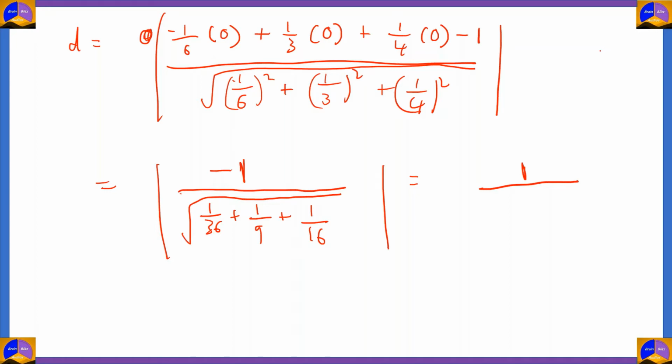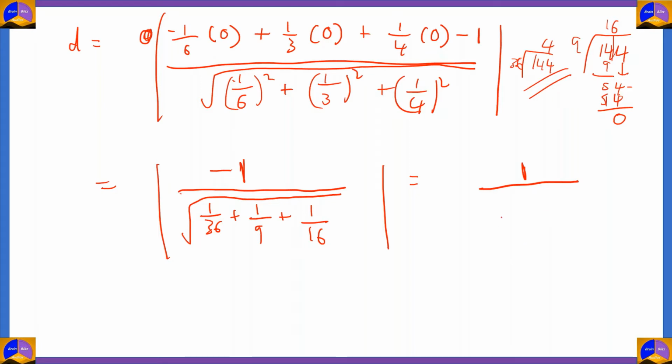So we can use 144. 144 divided by 9 gives you 16. And 144 divided by 16 would give you 9. And 144 divided by 36 would give you 4.